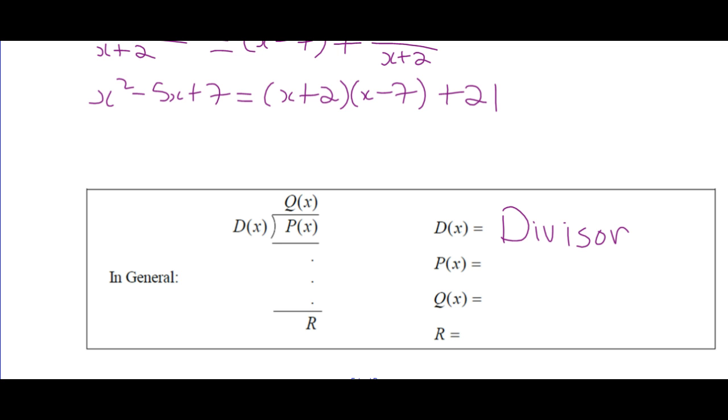So I'm dividing into a polynomial. There are extraordinarily few words starting with the letter Q, so this has to be quotient. And the only thing left over is the thing that's left over, which is the remainder. Good, right?